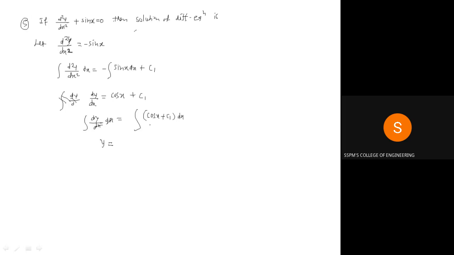So y is equal to the integration of cos x. Integration of cos x is sin x. One more constant you have to take here, that is the second constant. And the integration of c1 with respect to x is c1 into x plus c2. And this is the solution of the differential equation.